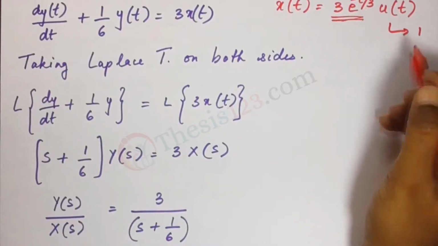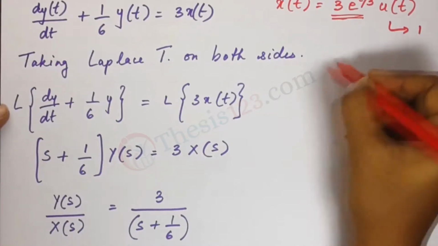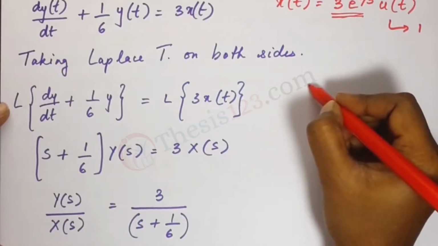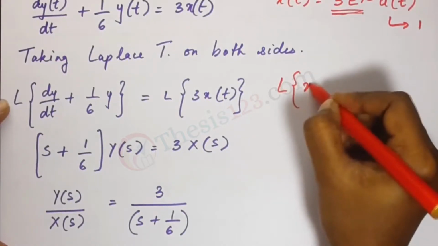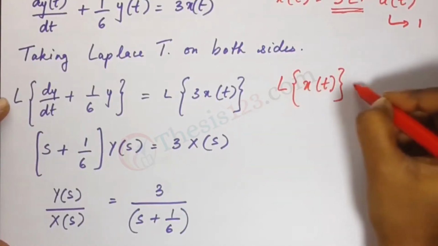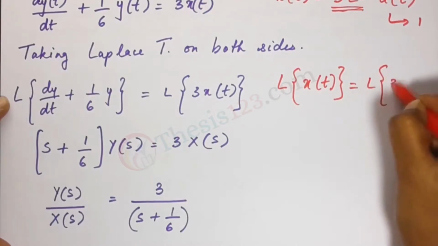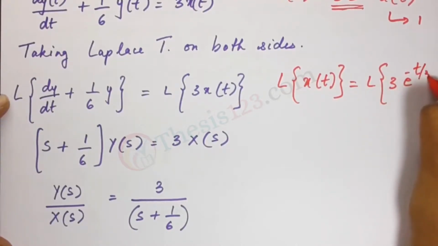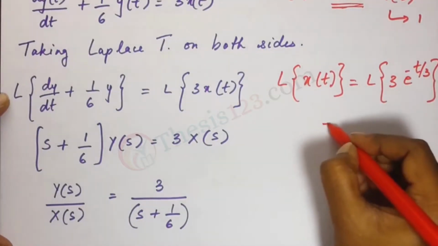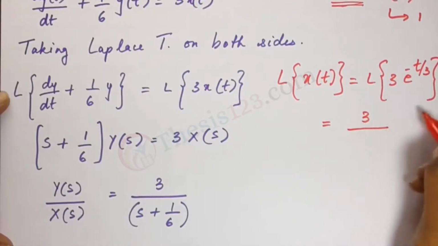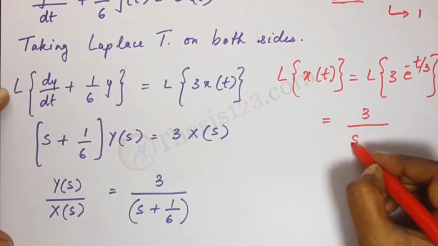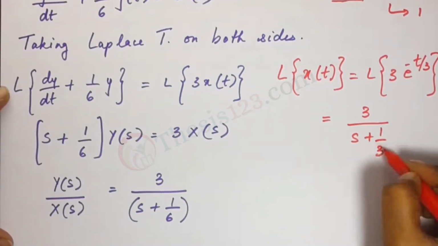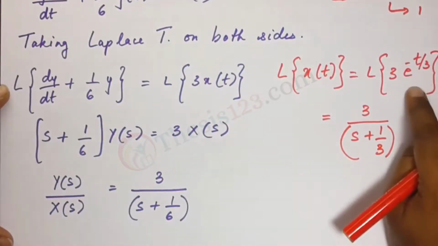Now applying Laplace to 3e^(-t/3): the Laplace of the input x(t) is the Laplace of 3e^(-t/3), and that would be 3 divided by (s + 1/3).